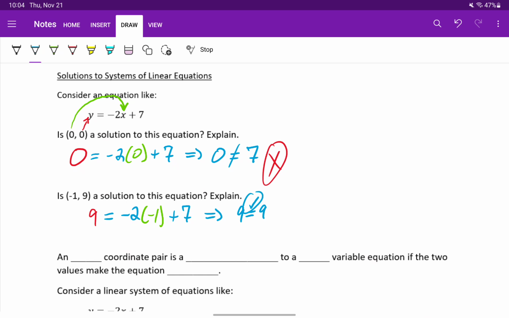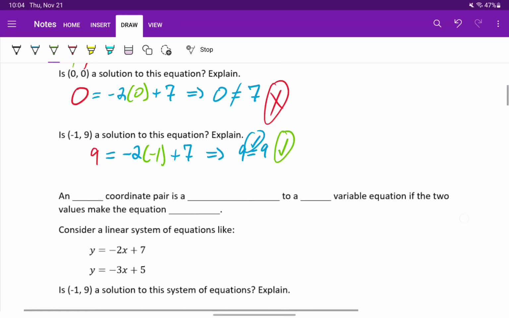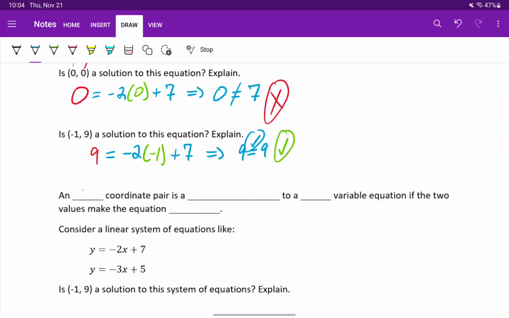Since we do get a true statement in the end, we would say that yes, this coordinate pair is a solution to that equation. And we can generalize that idea by saying that an xy coordinate pair is a solution to a two-variable equation. So in this case, we have the variables x and y, if those two variables make the equation true.